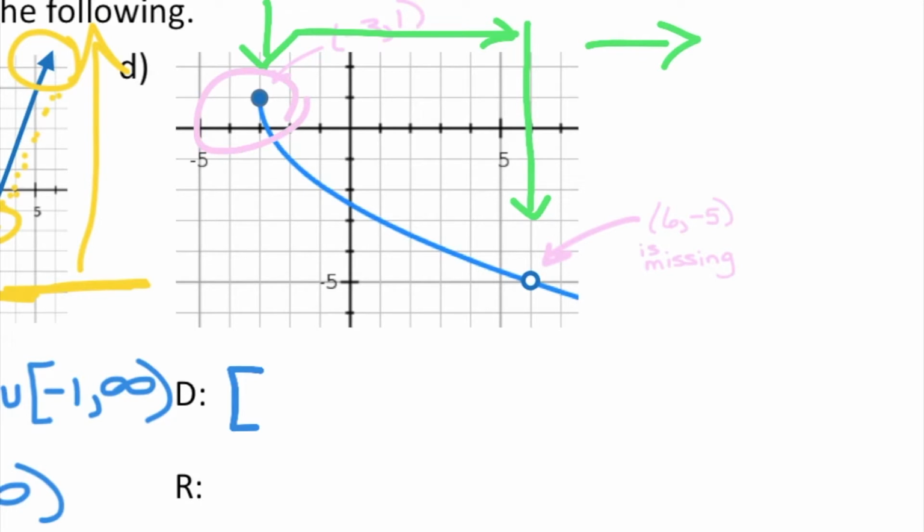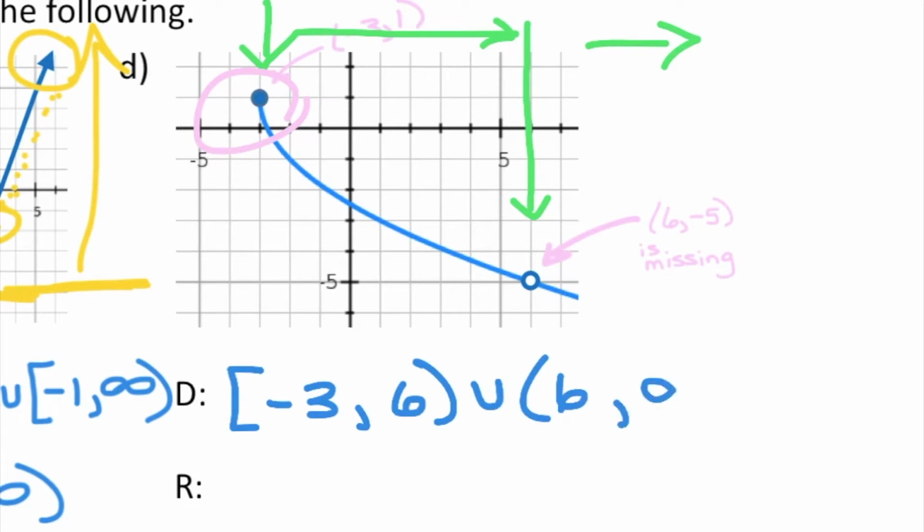So there is a point, so there is an x value, so we're going to use square brackets, negative 3 to x equals 6, but at 6 there's a hole, and so I'm going to do not including 6, and then go to positive infinity. And that 6 looks an awful lot like a B, so I'm going to change that. Hopefully that looks more like a 6.